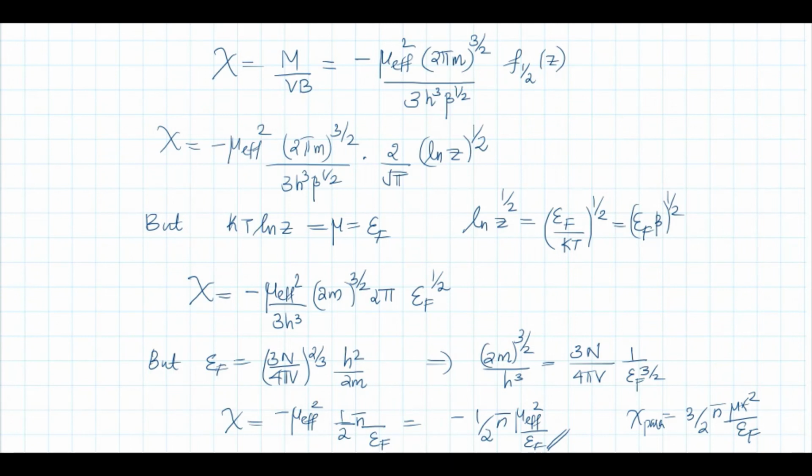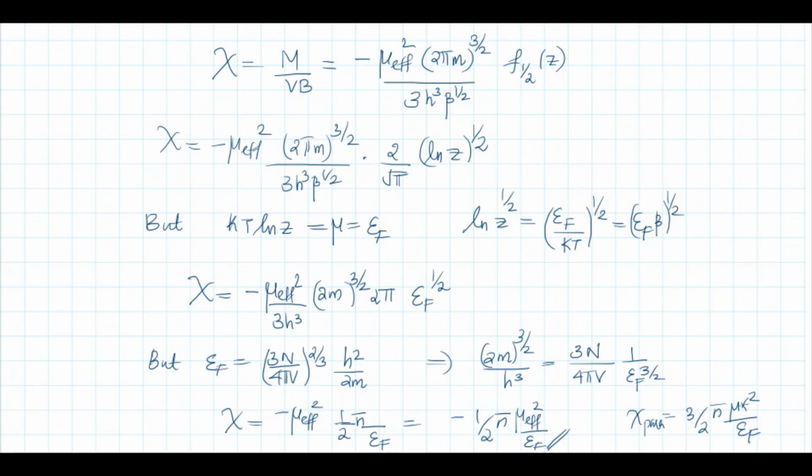So the diamagnetic susceptibility at 0 Kelvin is minus half n bar mu effective square divided by EF. If you compare it to the paramagnetic result, it was plus 3 by 2 n bar mu star square by EF. So there is a sign change. This negative sign indicates that it is diamagnetic in character, and the magnitude is only 1 by 3rd of paramagnetic susceptibility.